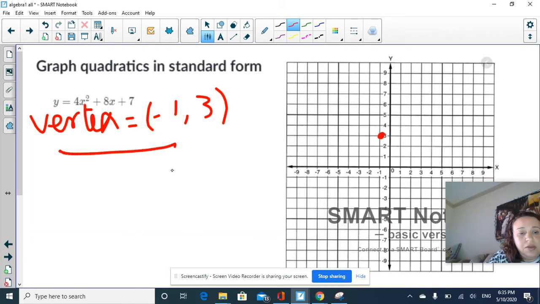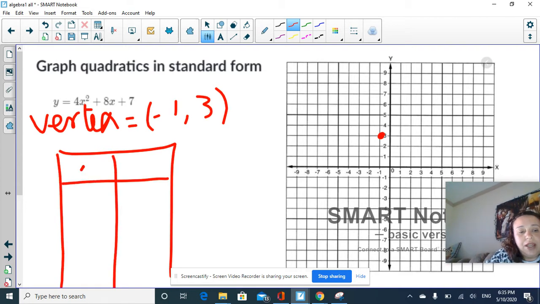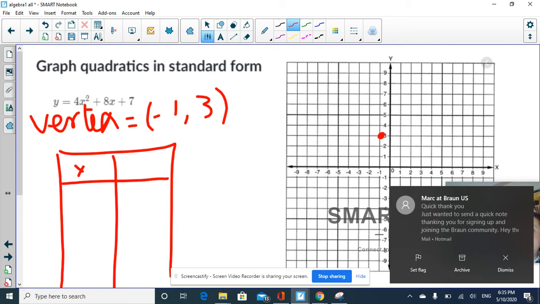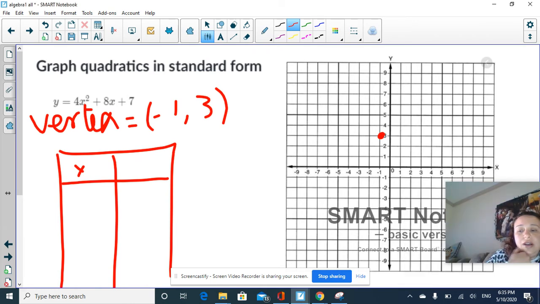Okay. Remember, we did this table before, the x value and the y value. Y value here means the function or the value of the function. We have 1 point, negative 1 comma 3.